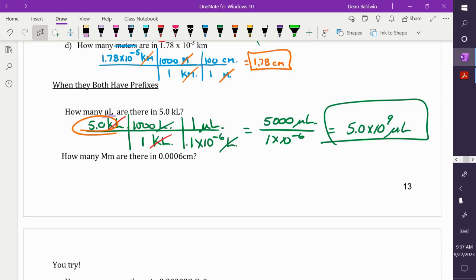Does that make sense? If I said I had 10 millimeters, how many kilometers is that? 0.00 whatever, right? It's smaller. So just try to think about the answer you get, and see if it makes sense.